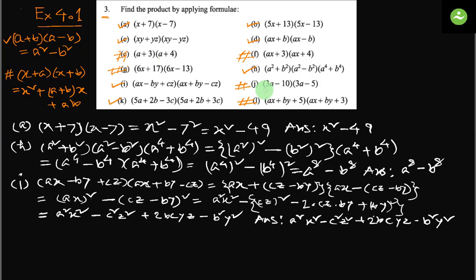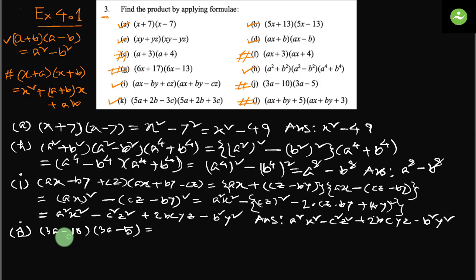looks like it is x plus a and x plus b. Okay, let's do J. 3a minus 10 into 3a minus 5 equals to, if we want to change it to look like x plus a and x plus b, then this is x plus b, and this one should look like x plus a.